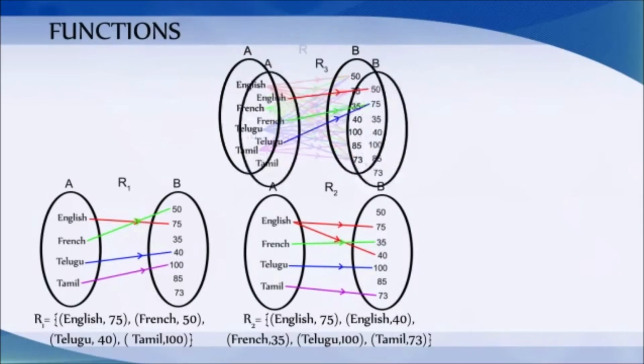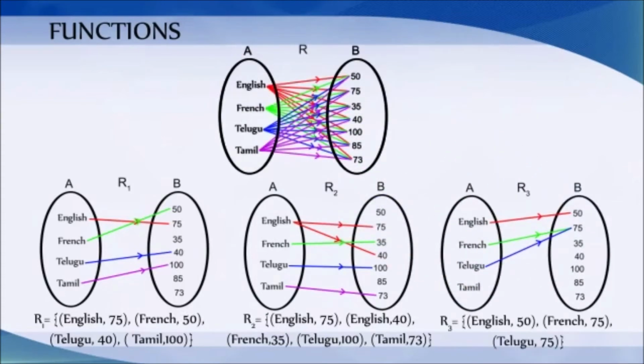And R3 is equal to (English, 50), (French, 75), (Telugu, 75). Let us analyze these three relations. All the three relations are giving information about the cost of each book.